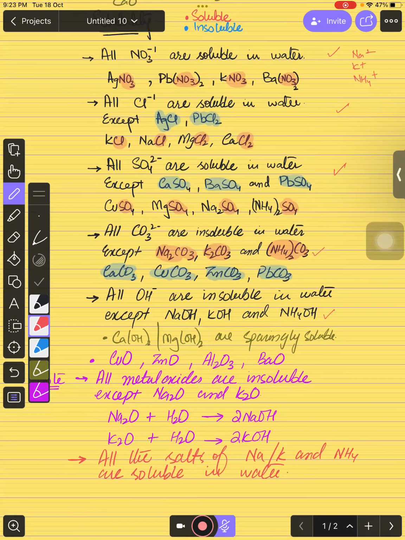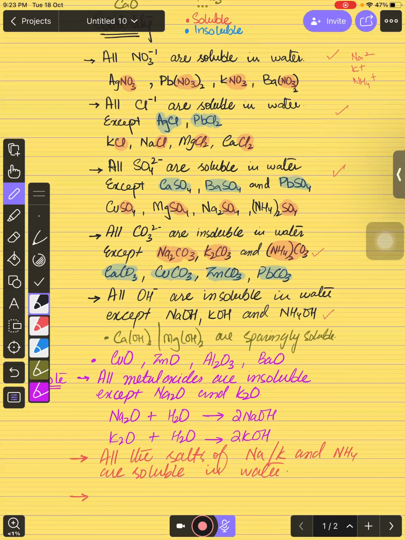And one more thing that you need to keep in mind by yourself is, you can see this, that if you talk about barium or lead, just look at lead over here. Lead nitrate is soluble in water, but lead chloride is insoluble, lead sulfate is insoluble, lead carbonate is insoluble, lead oxide is even insoluble, right?